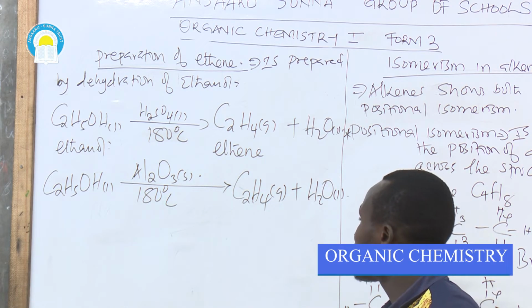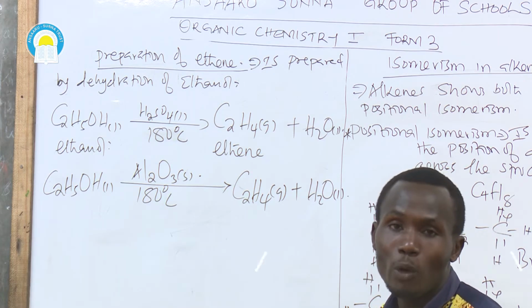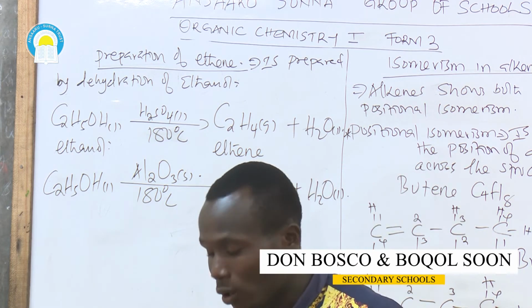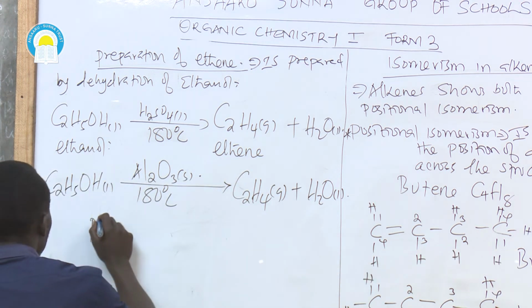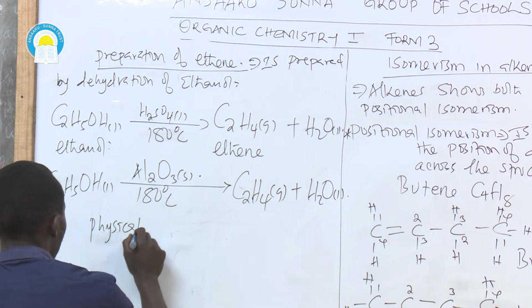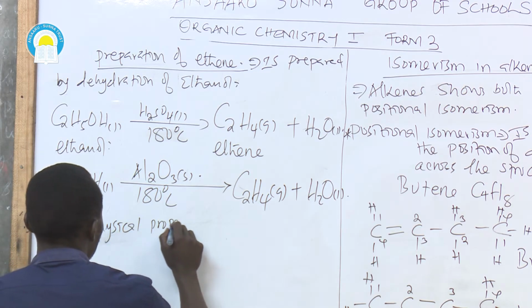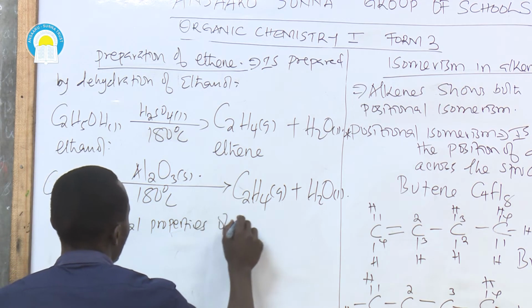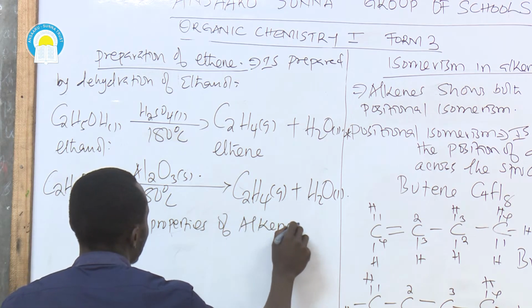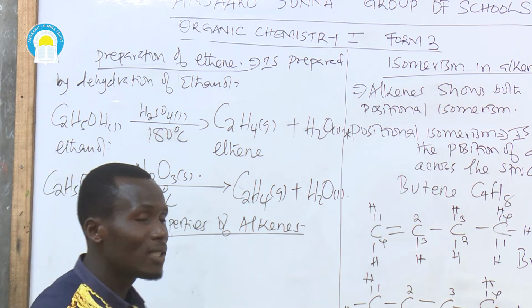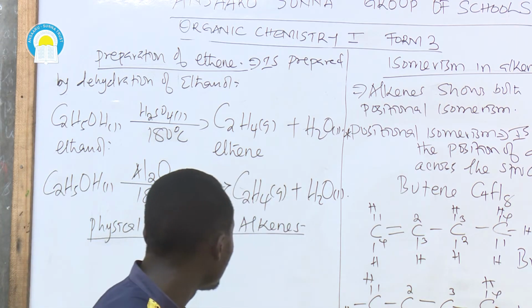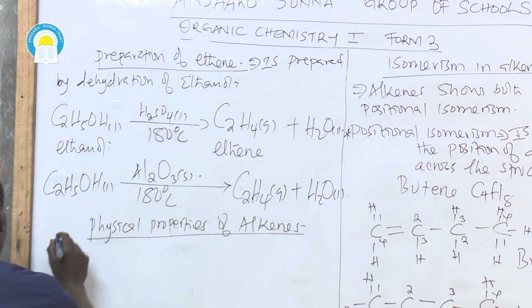Now let's have a look at some of the physical properties of alkenes in general. Under the physical properties of alkenes, one physical property is solubility.